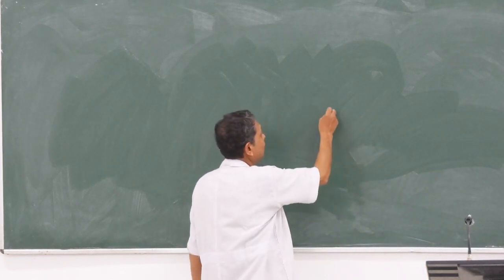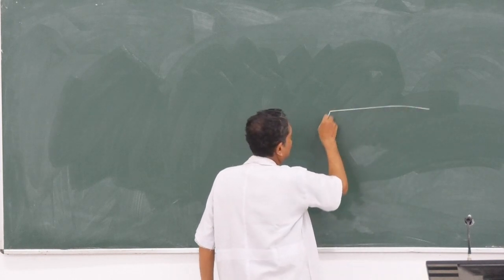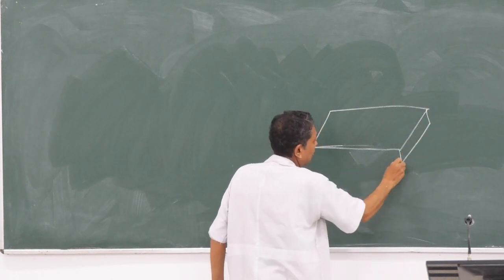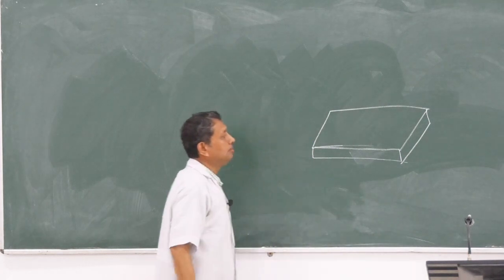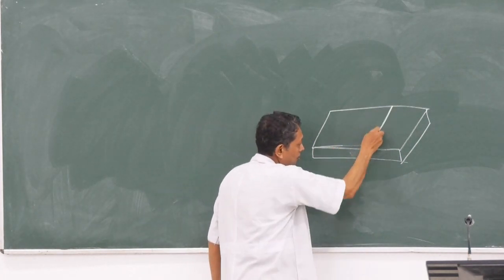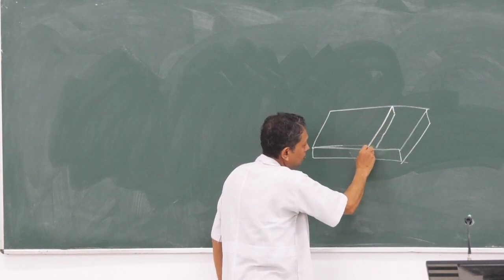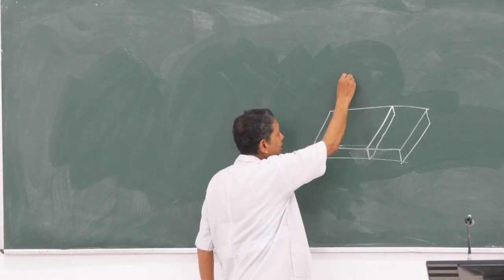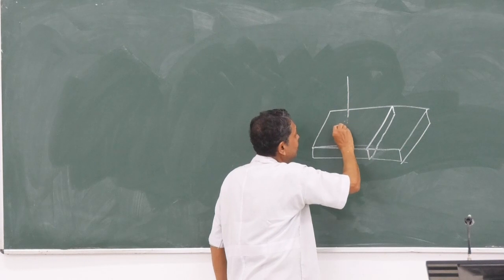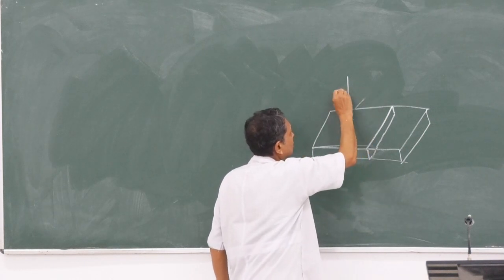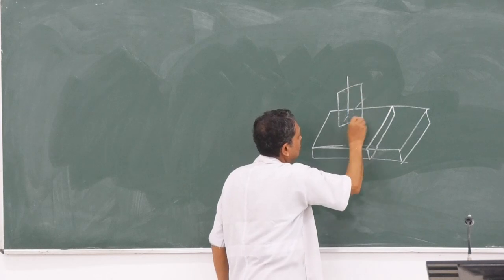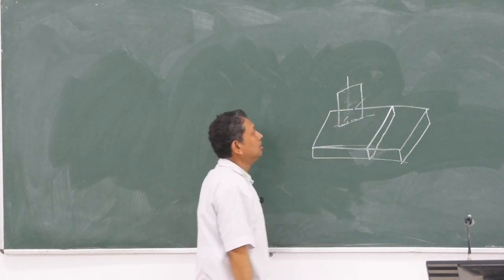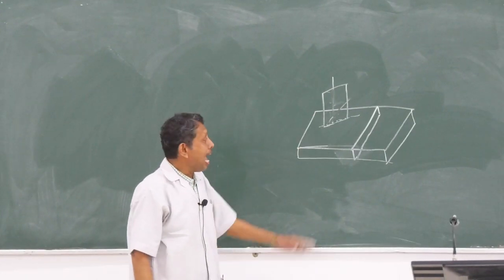Suppose you take a trough filled with some fluid, and there is a barrier which you can move, and there is a pressure measuring device just dipping below the water level. It is a surface tension measuring device, and it is variable.